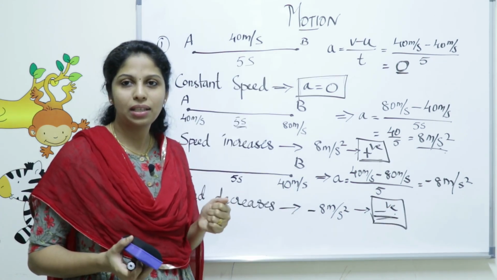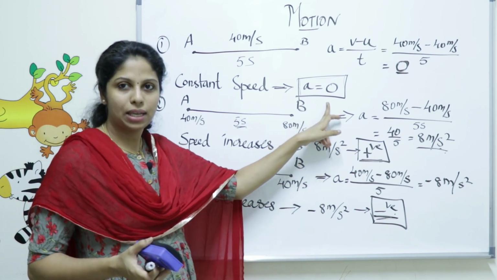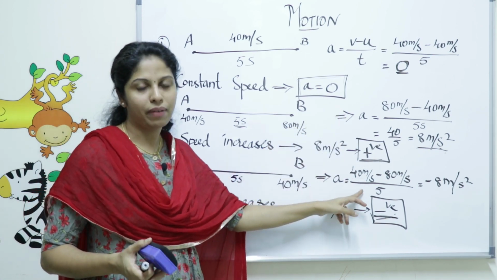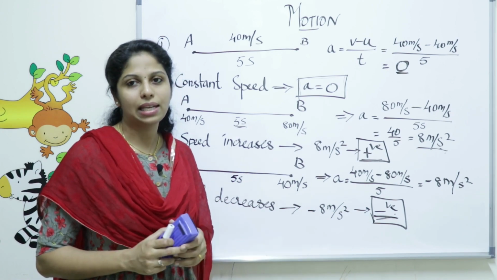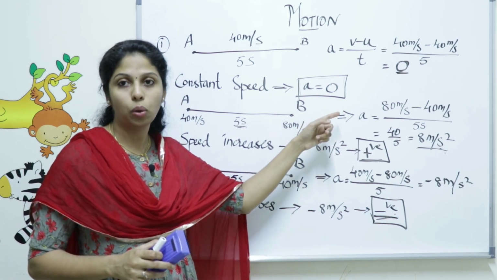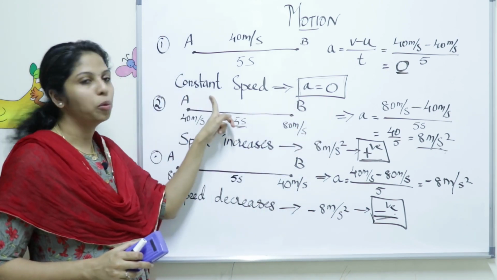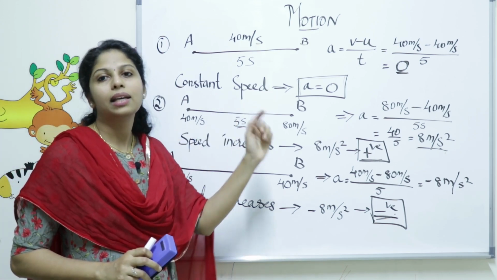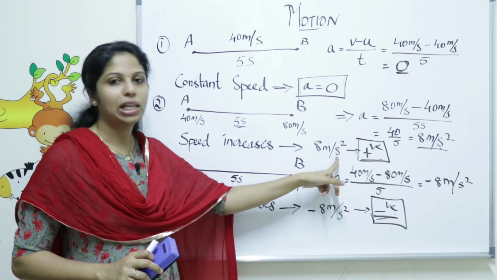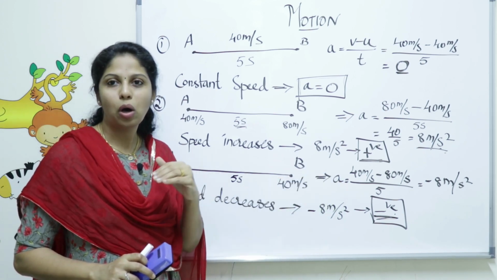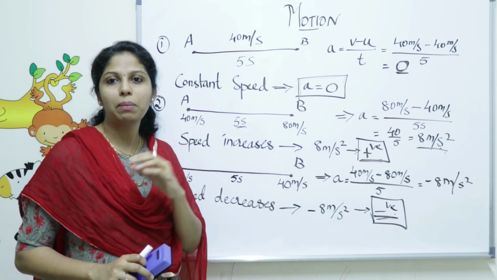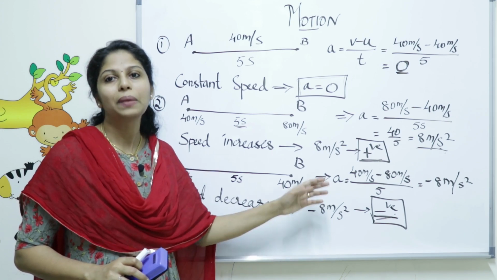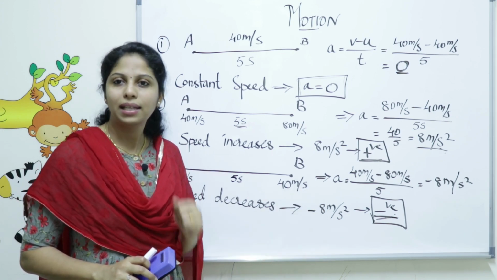The acceleration can have a value of 0, or a positive value, or a negative value. And when will a be 0? When the object is moving with constant speed. When the speed increases, the acceleration value will be positive. When the speed of the object decreases from initial velocity to final velocity, the value of acceleration will be negative.